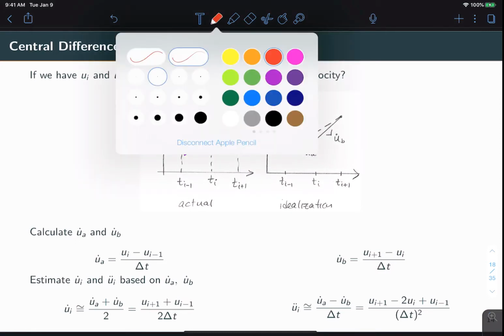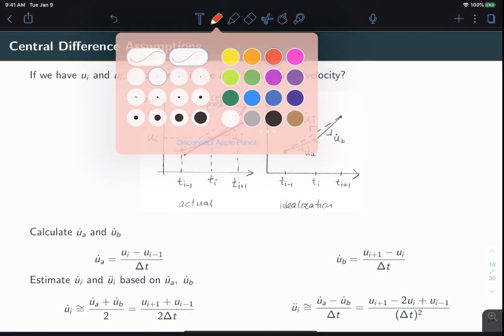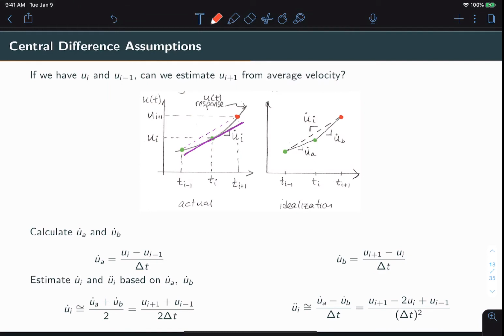So again, we know the displacement at ti minus 1, we know the displacement at ti. We are trying to find the displacement at ti plus 1.